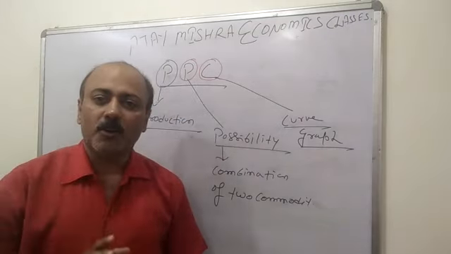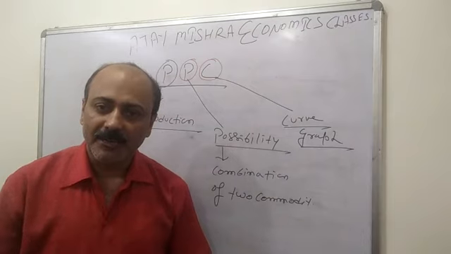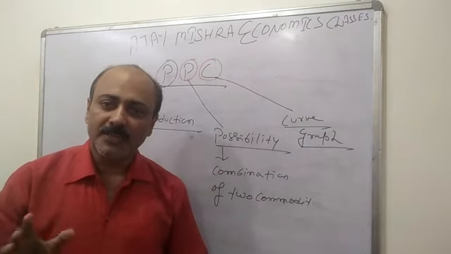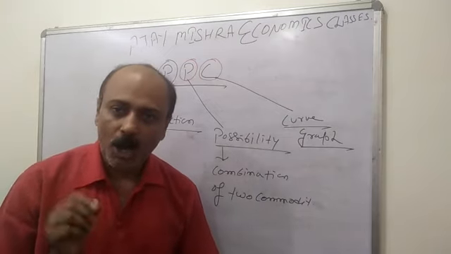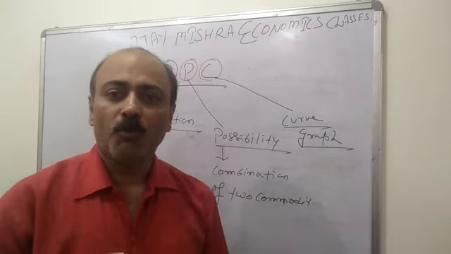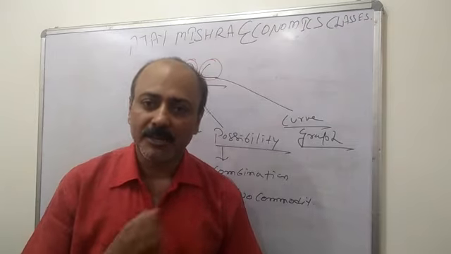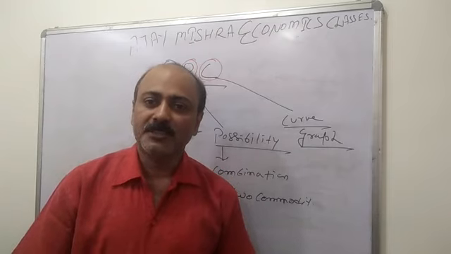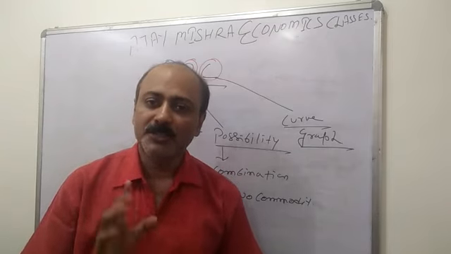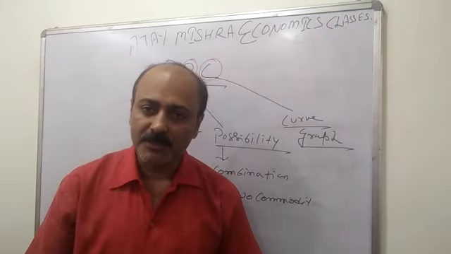Second, each and every economic theory is presented with 3 different things. First, a behavior statement: how we are thinking, or what our thinking process is about a particular thing. Second, we present the data with the help of a schedule, that is a numerical statement.